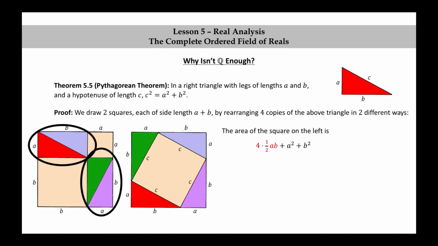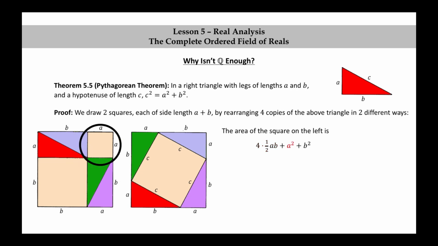So we get 4 times 1/2 AB. The area of this small square is A squared, and the area of the bigger square here is B squared. This simplifies as 2AB plus A squared plus B squared, simply because 4 times 1/2 is 2.